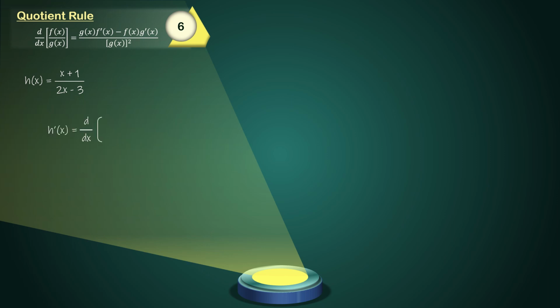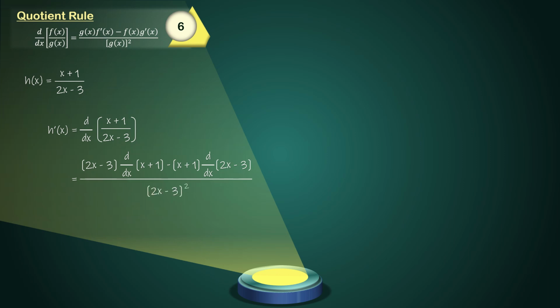By applying the quotient rule, the derivative is equal to the denominator times the derivative of the numerator minus the numerator times the derivative of the denominator, all over the square of the denominator. To emphasize, this is the quotient rule of differentiation.